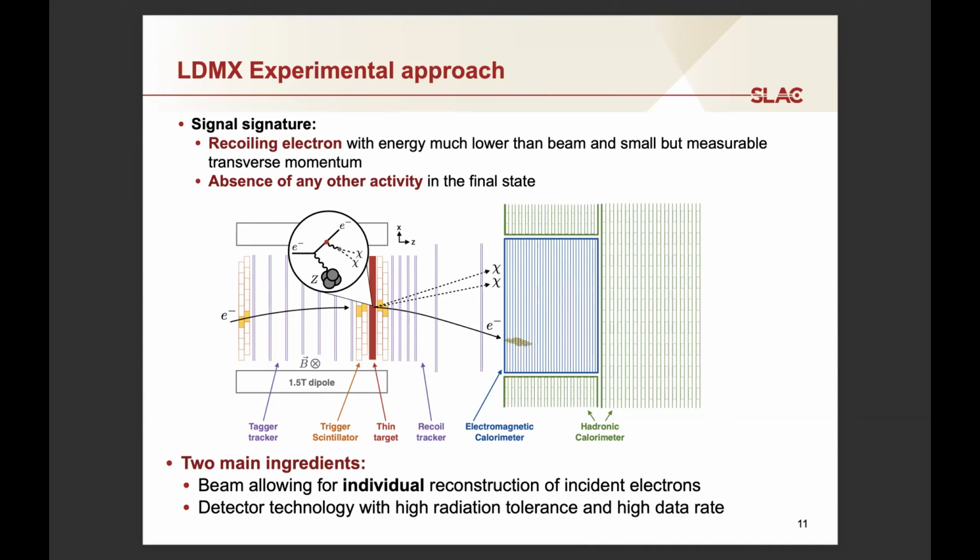Then we have a calorimeter that is going to look for basically nothing else than an electron. So if you have Bremsstrahlung, you will have a photon emitted from the target, and it's going to hit the electromagnetic calorimeter and leave a signal, and this is going to be rejected by our detector. So our detector basically works as a veto. We want to veto everything that doesn't have just an electron in the recoil system.